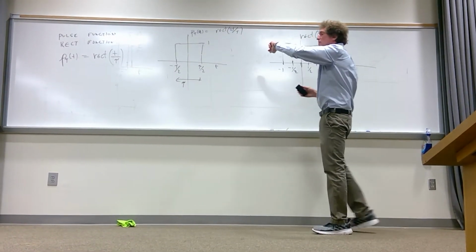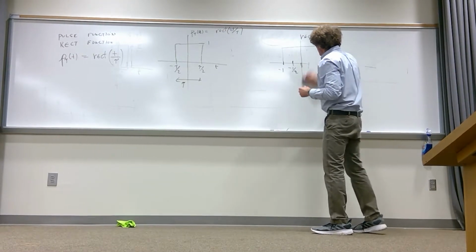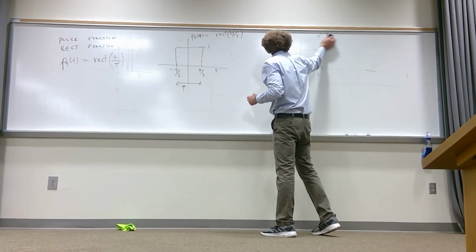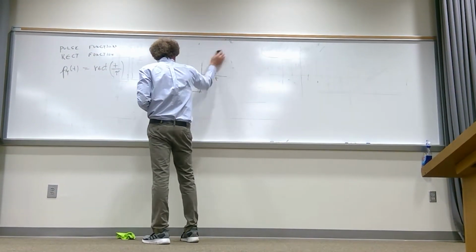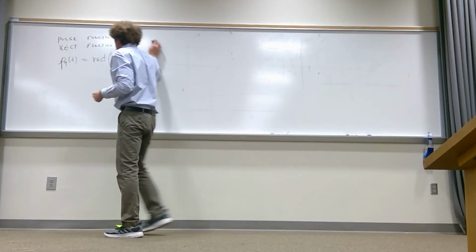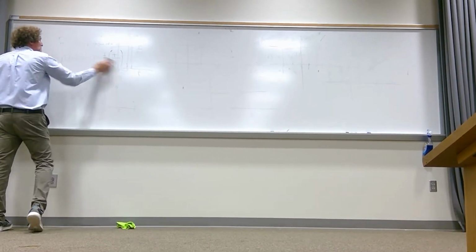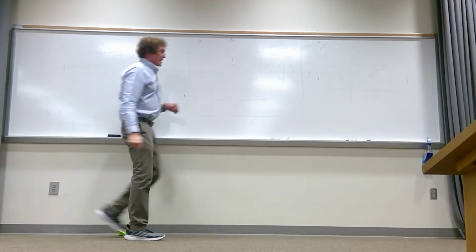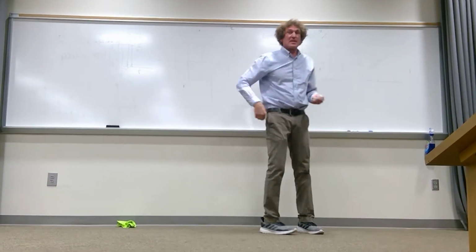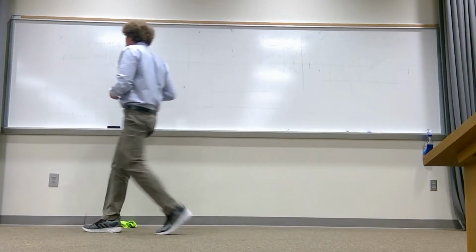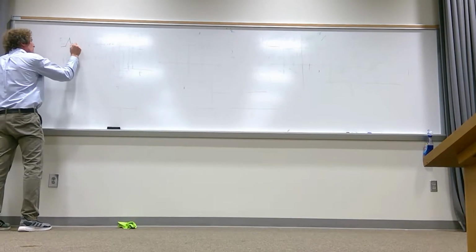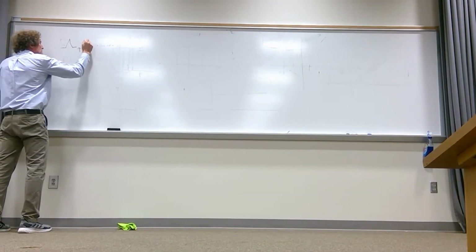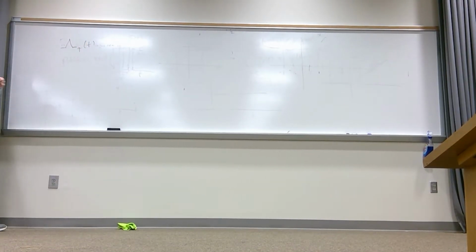Last function I'm going to cover before you do some problems is something called a triangle function. He doesn't use the symbol I use, but I like the symbol I use, and it's easier, so I'm going to show you. As you might guess, it's going to be something that looks like a triangle. And the symbol I use is this. It's the triangle function. This tau is the width.